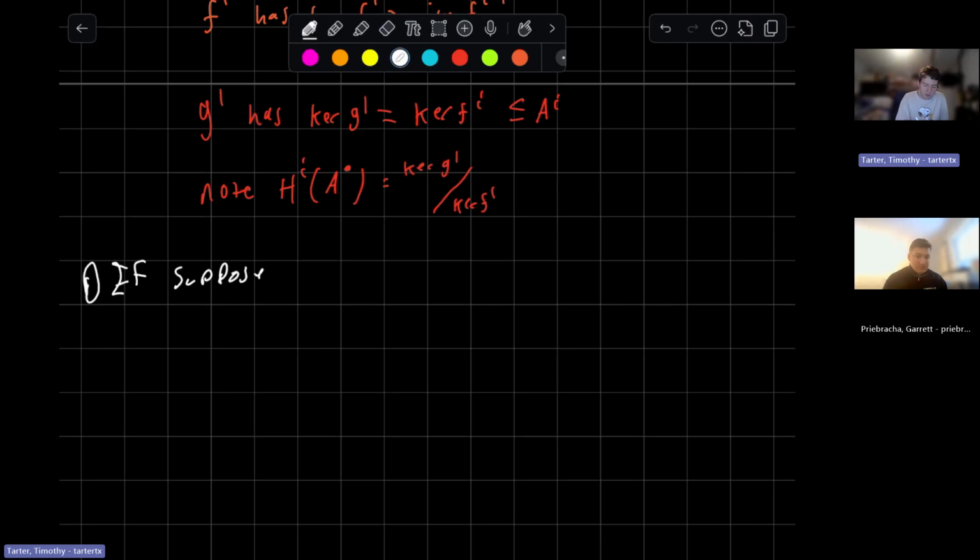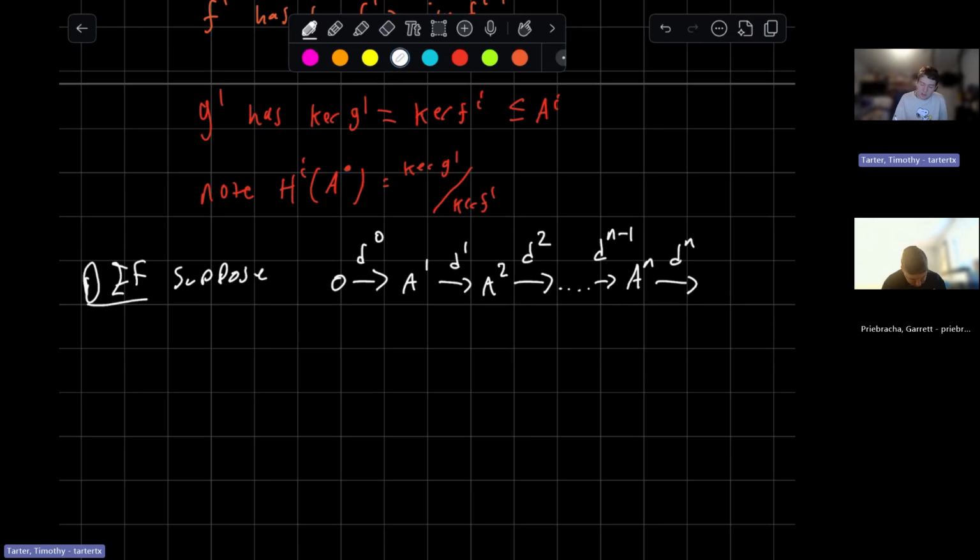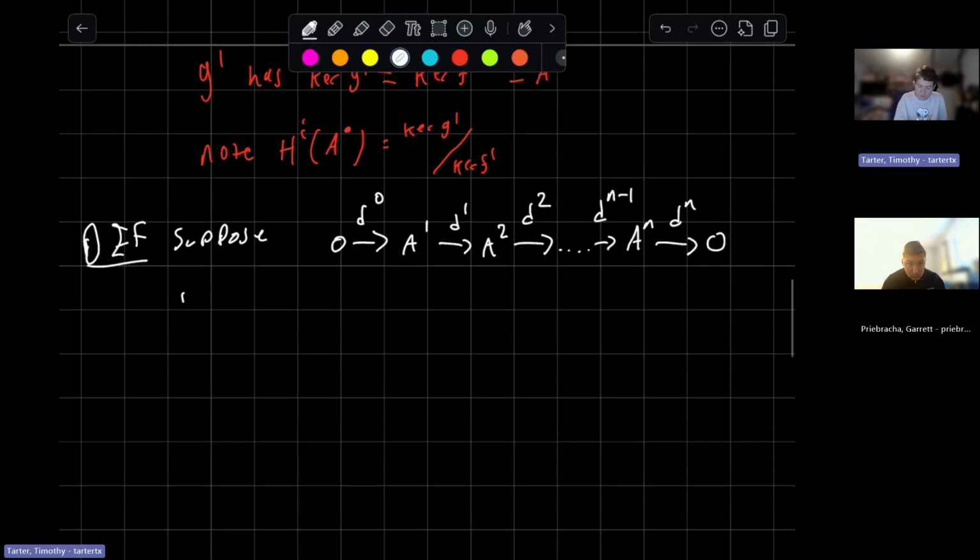Definition. Suppose the sequence 0 by d0 into A1 by d1 into A2 by d2 dot dot dot d n minus 1 into An by dn into 0 is a complex of finite dimensional k vector spaces.